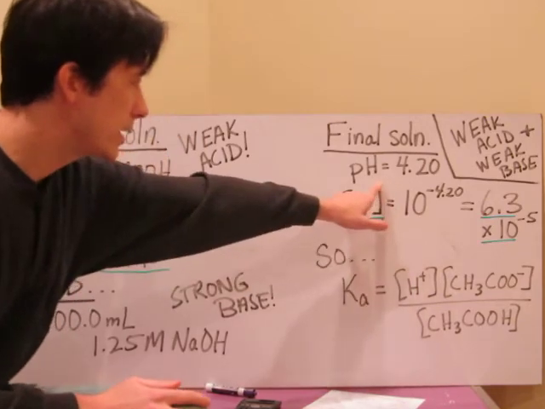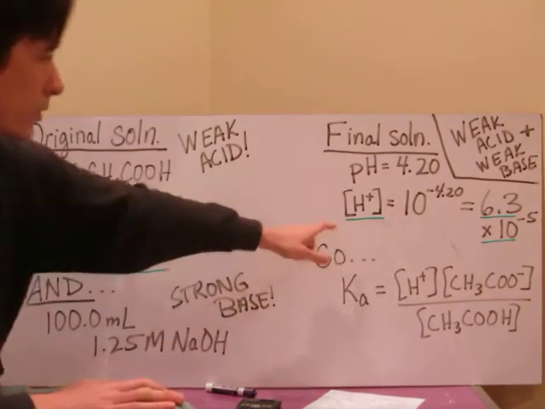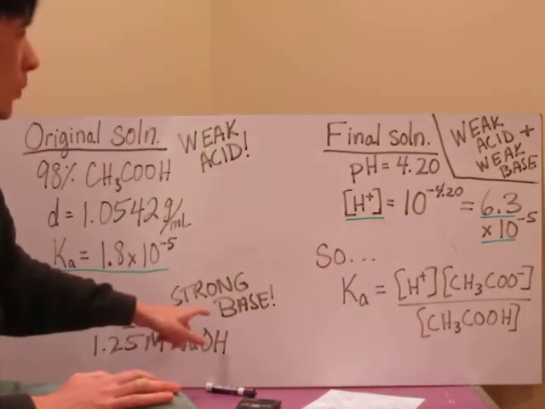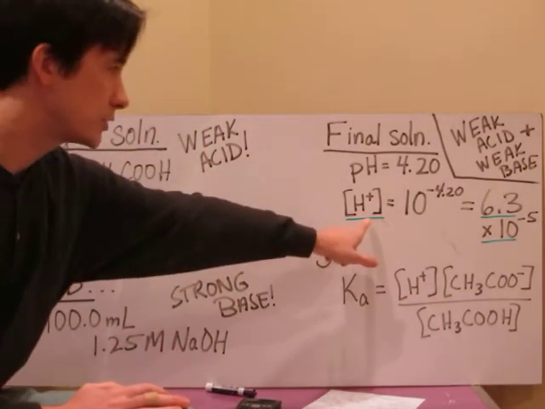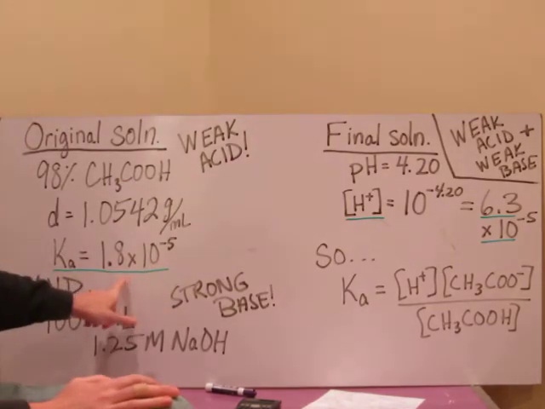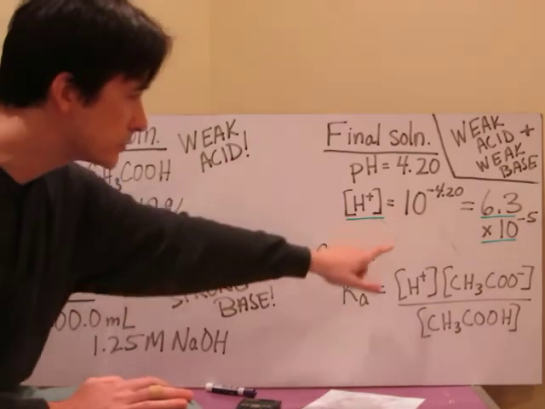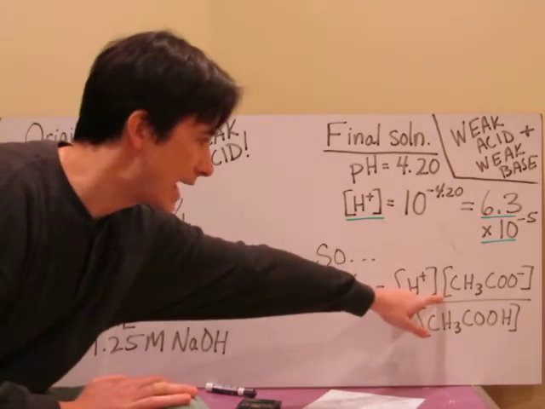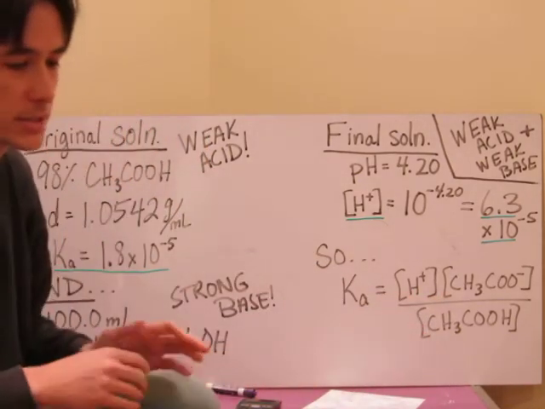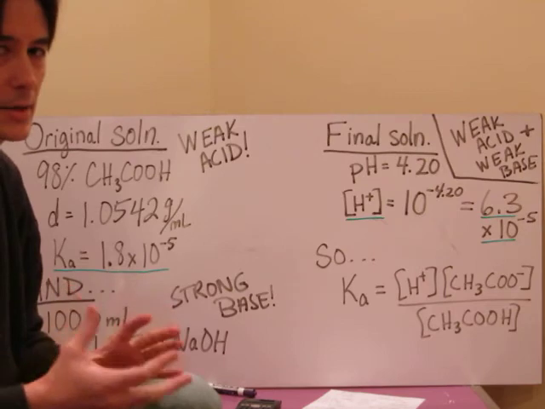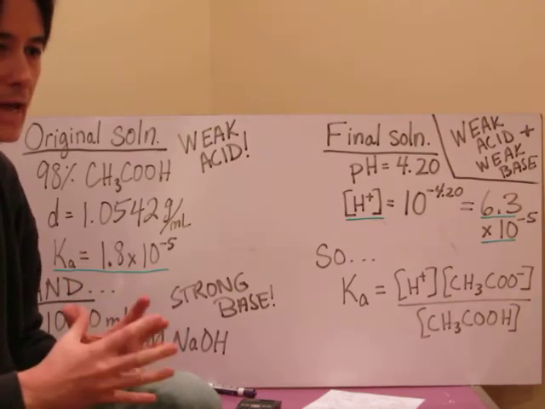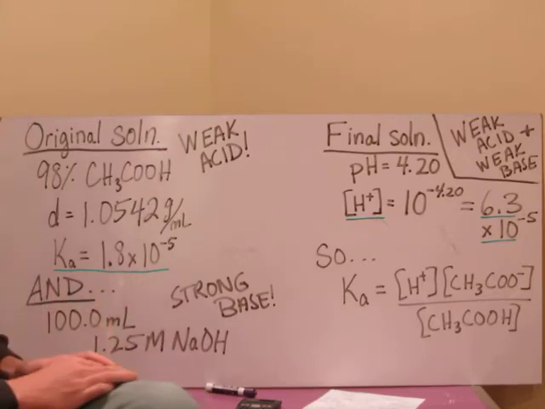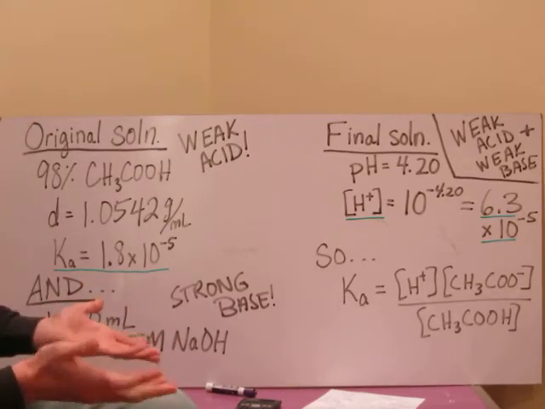So if we wanted a pH, I think it's about 4.74, then those two things would be equal. We have more H+ than that. So since we have more H+, we are going to expect more acetic acid than acetate in this final solution. That's just a way to think about the calculation you're doing and know what you're looking for before you start putting in numbers. All right, so that's what we're looking to do.